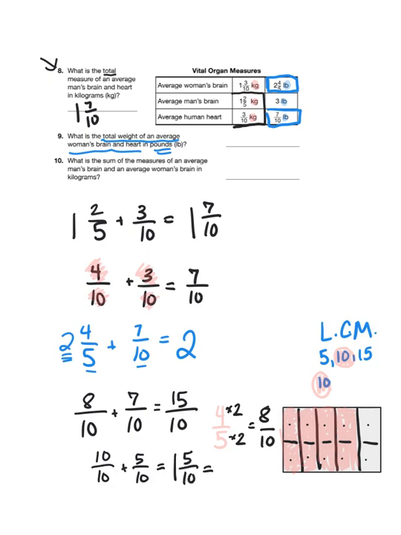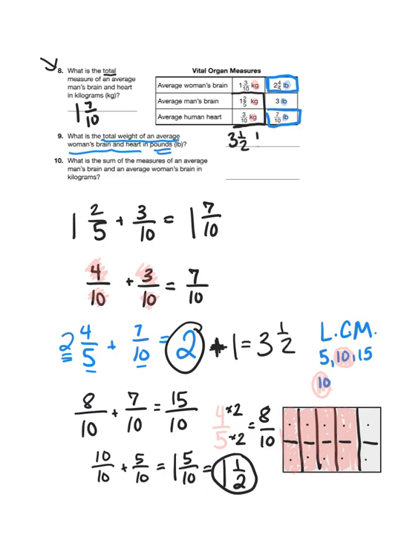In simplest form, that means 1 1/2. So I just have to take this and combine it with my 2. So 2 plus 1, so 3 1/2. 3 1/2 pounds. Oh, and let me not forget my units here. Really important with measurement problems to include your units.